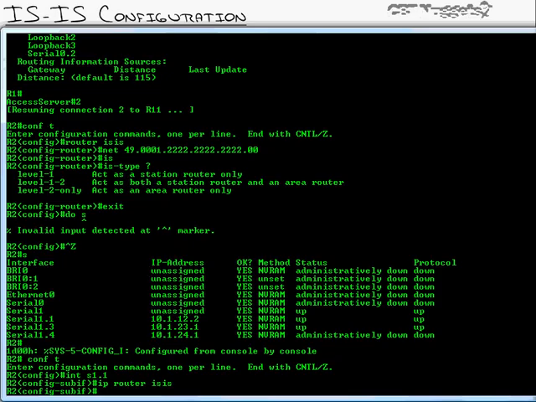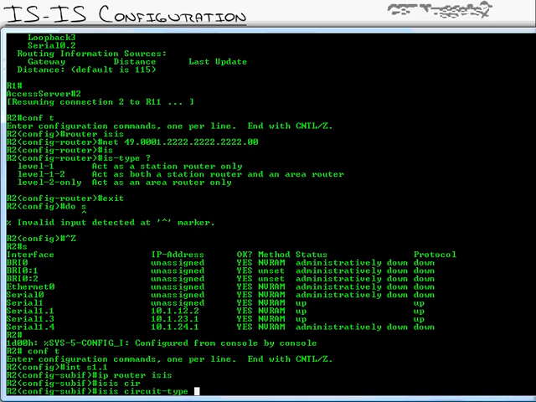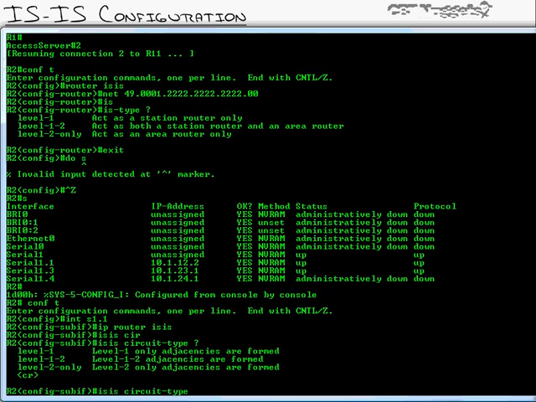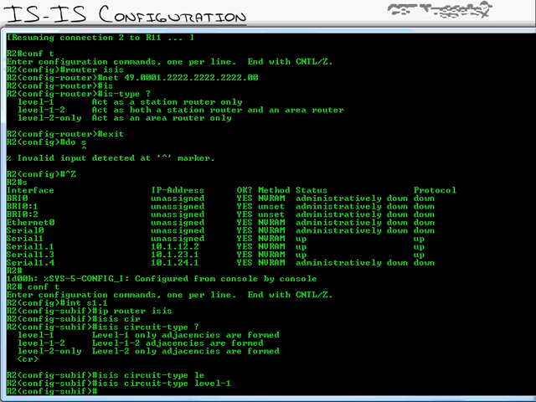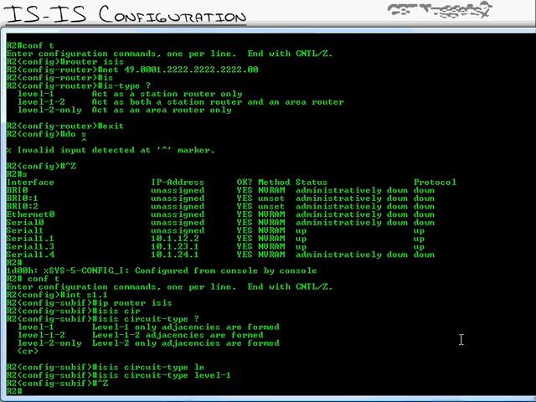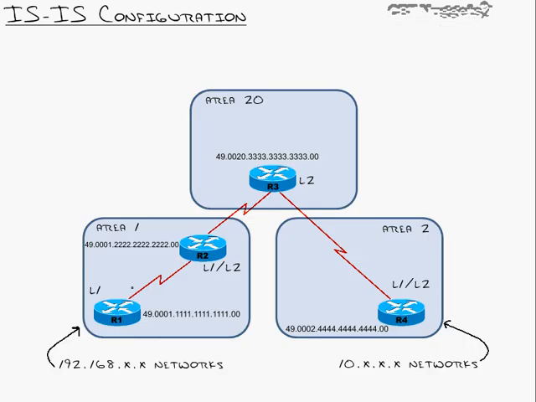So all I need to do here is go under this interface and type in ISIS circuit type followed by level 1. Which configures this router to only form level 1 adjacencies on this interface. So we've just cut off some of the hello traffic between router 2 and router 1 because it's now just sending level 1 hellos. Remember, level 1 and level 2 is almost seen like two completely separate routers within one. So it forms two totally separate relationships.